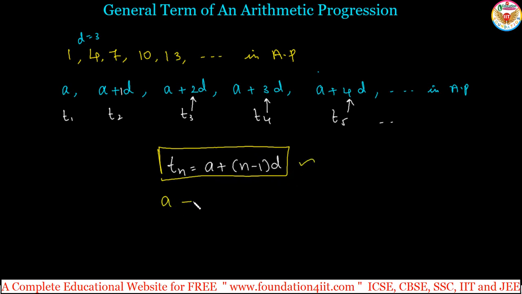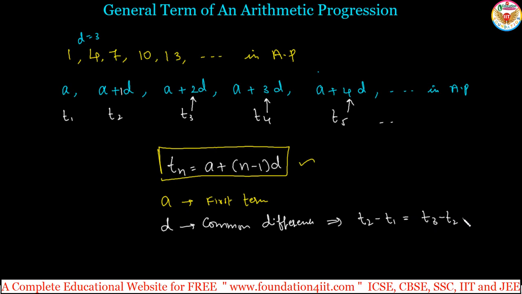Here A is the first term in the series, whichever number is given first, that is A, and D is the common difference. That means the term minus the preceding term, so that is T2 minus T1 or T3 minus T2, and so on. Any term minus the preceding term is the common difference.